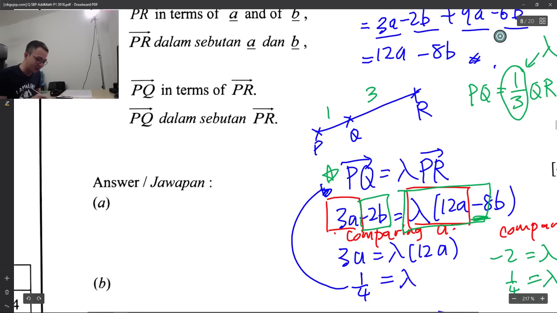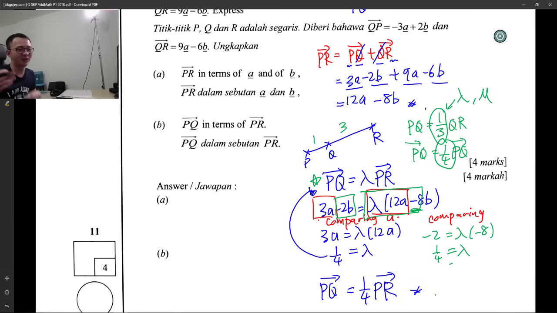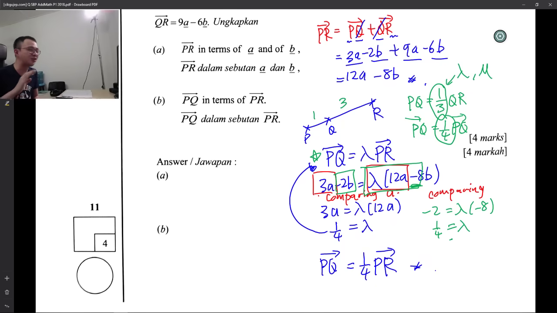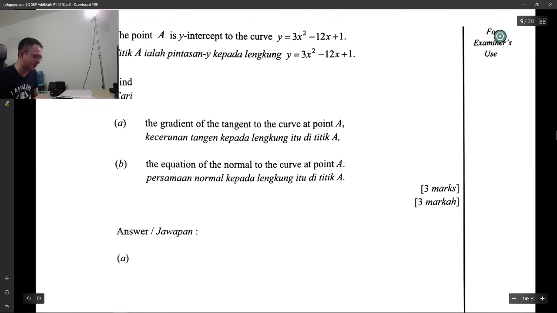So if you want to find PQ and PR, PQ is lambda PR, which will be 1 over 4 of PR. So this is the value of lambda. You can always use lambda whenever you see the word collinear or the word parallel. Lambda just represents their ratio as a constant value. It's nothing very special about lambda.